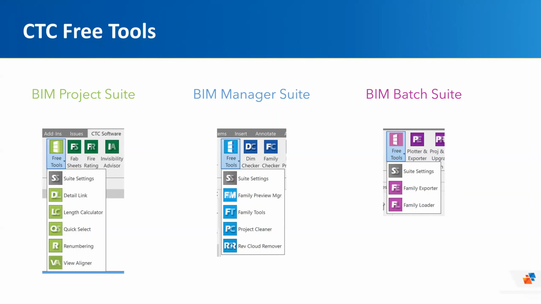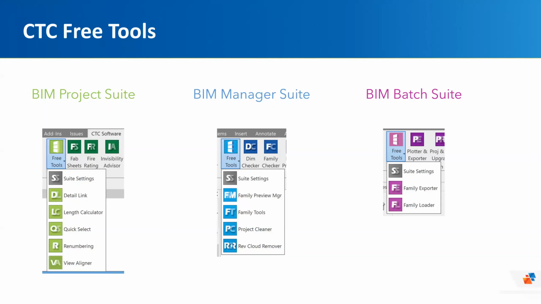The Bim Project Suite is for an everyday Revit user. These are tools like Renumbering or Quick Select that an everyday Revit user will be using, and we'll go through a few of them to see how they could work inside your projects. The Bim Manager Suite, as it says in the name, is more of a managerial role, looking over a project itself. Project Cleaner is one of those options.